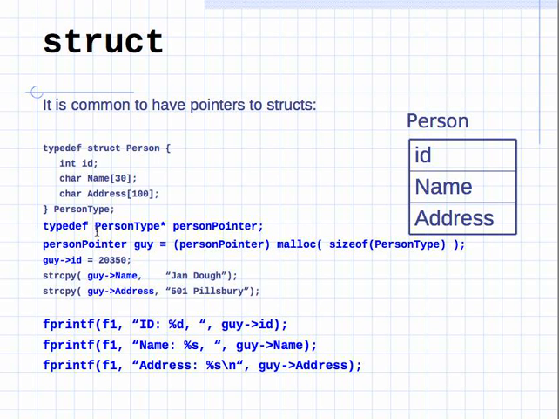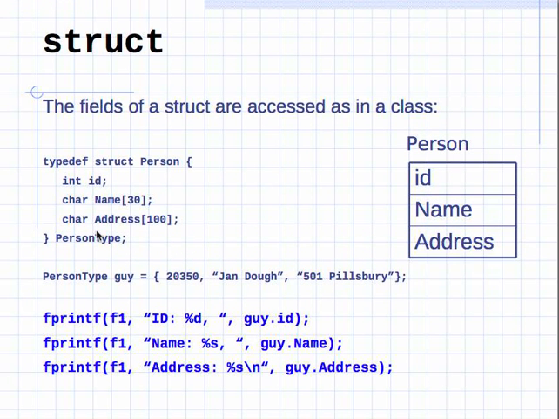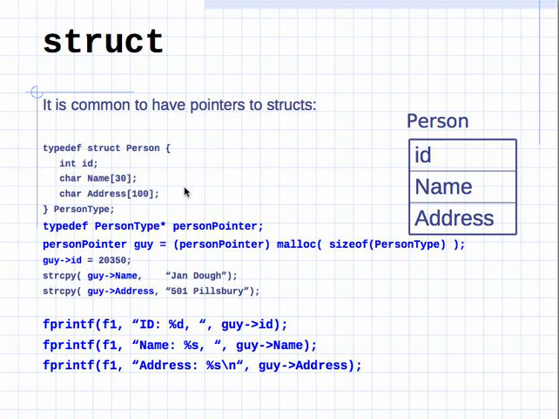Okay, so take a look at this. Look at the differences between using statically allocated objects like this, which is allocated on the stack, versus dynamically allocated using malloc on the heap. When you have pointers, remember that you have to use the arrow notation, minus greater or arrow, instead of the dot operator for accessing the different data members of this struct.